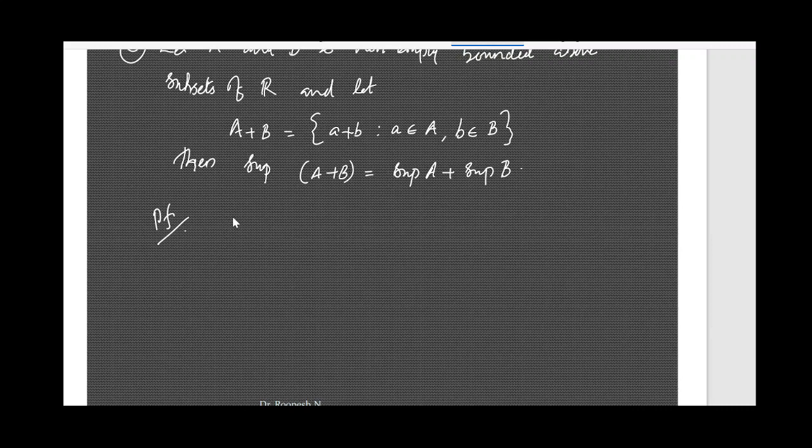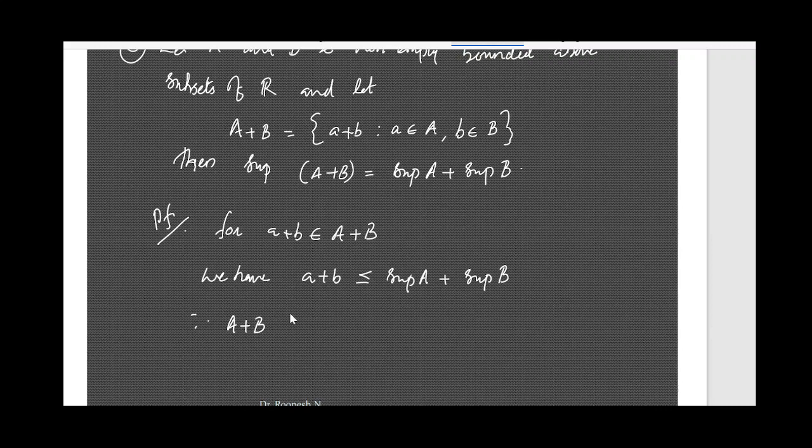For a plus b belongs to A plus B, we have a plus b less than or equal to supremum of A plus supremum of B. Therefore, A plus B is bounded above by supremum of A plus supremum of B, right?